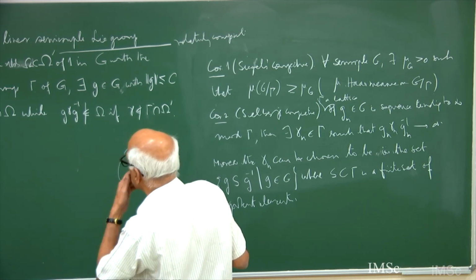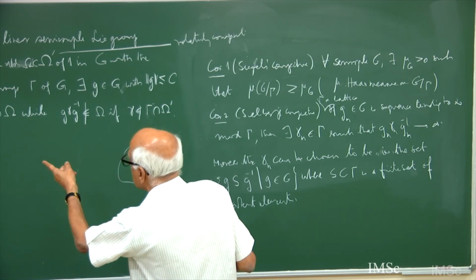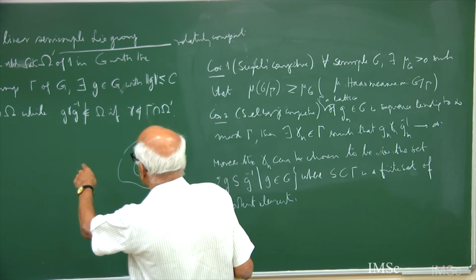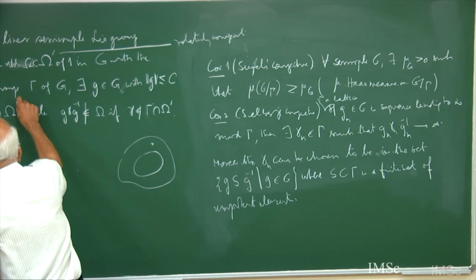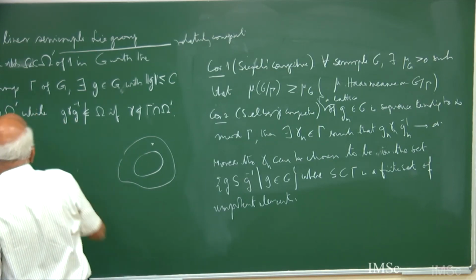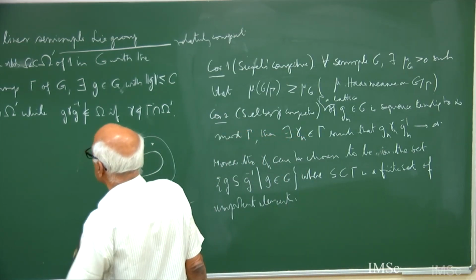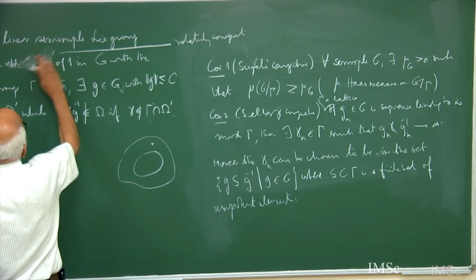Hold on. How should I formulate it? If gamma is in omega... omega prime. I don't know why I put in prime. Yeah, there is no need for it, just omega will do.